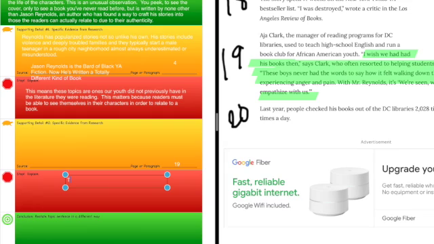So I'm just going to elaborate right here. This means the youth Ms. Clark worked with was able to connect with the stories, experiences, and hardships Reynolds writes about in his books.